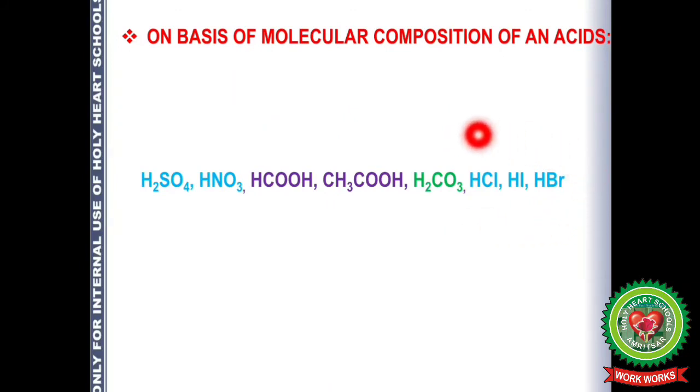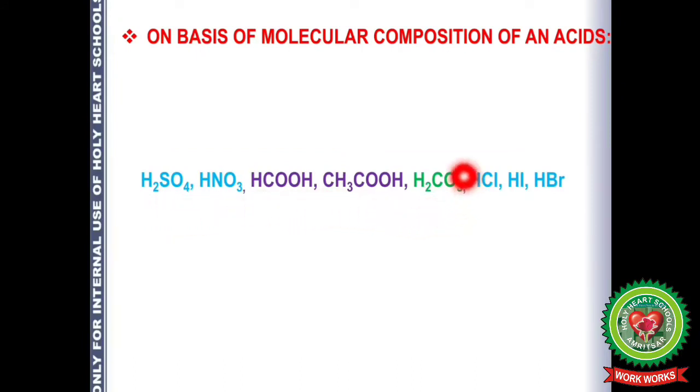So these are some examples of acids in front of you. When we see these acids, we find that hydrogen is the common element. But along with hydrogen, there are some non-metals like sulfur, nitrogen, carbon, Cl, that is chlorine, iodine, bromine.